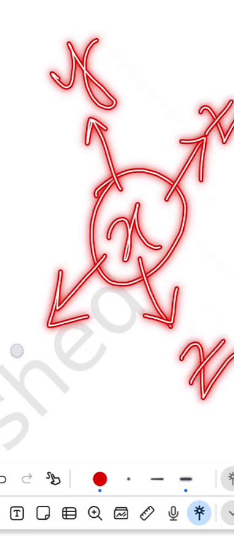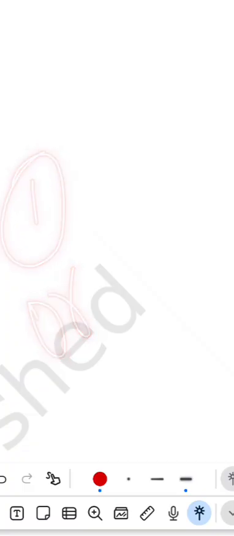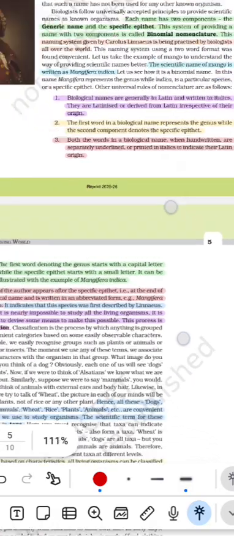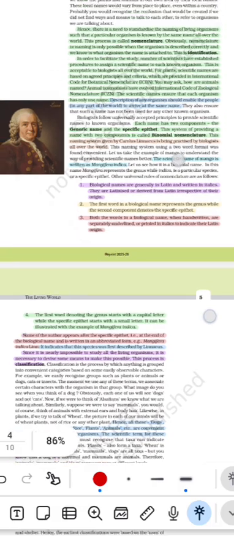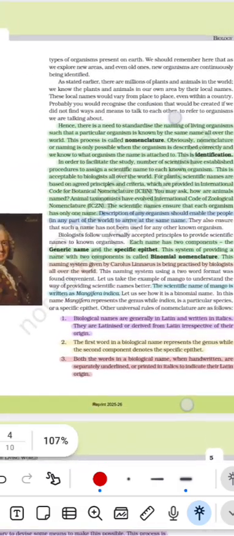To resolve this problem, Carolus Linnaeus proposed that one organism should have only one name, and this type of nomenclature is called binomial nomenclature.